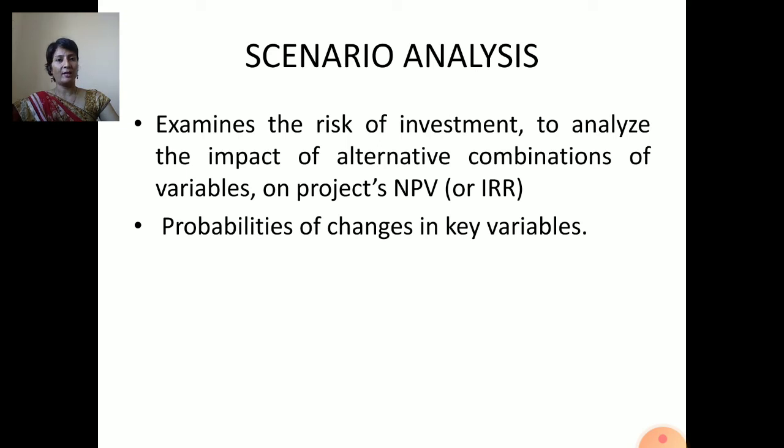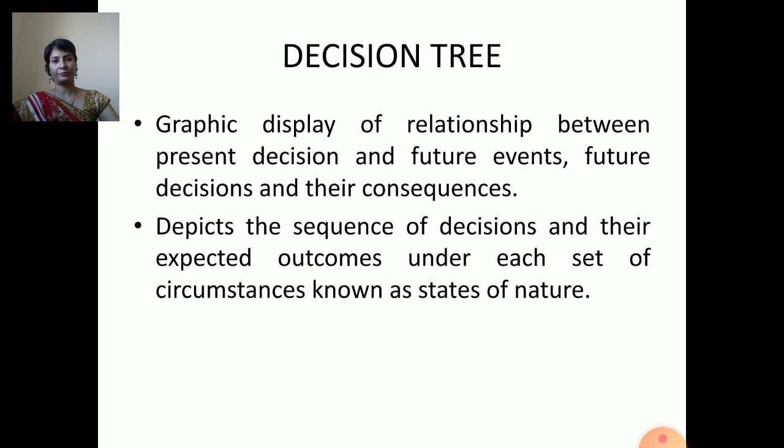The next and the last technique of our discussion is decision tree. A decision tree analysis is a graphic display of relationship between present decision and future events, future decisions and their consequences. It is a graphic display of various decision alternatives and the sequence of events as if they were branches of a tree.